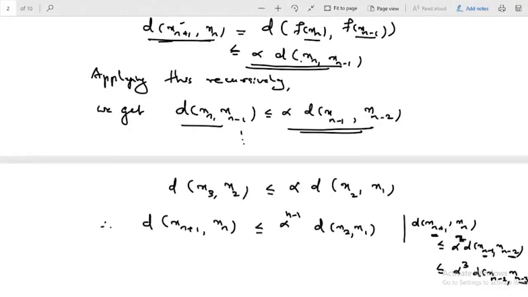Okay, and d of x2, x1 is a positive number.